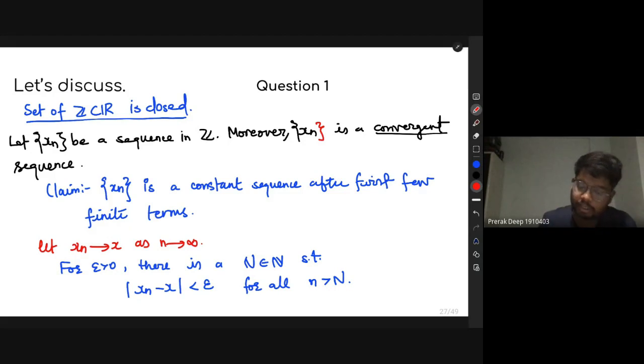In other words, any given convergent sequence in Z has to be eventually a constant sequence.